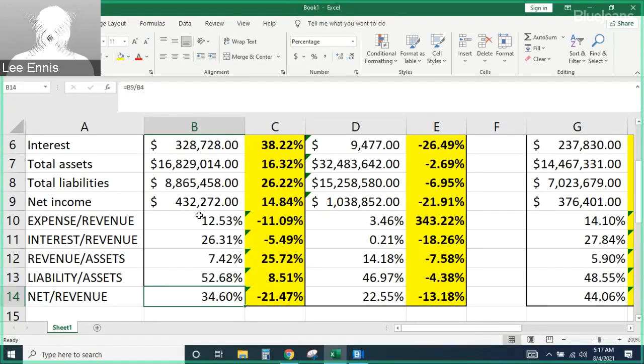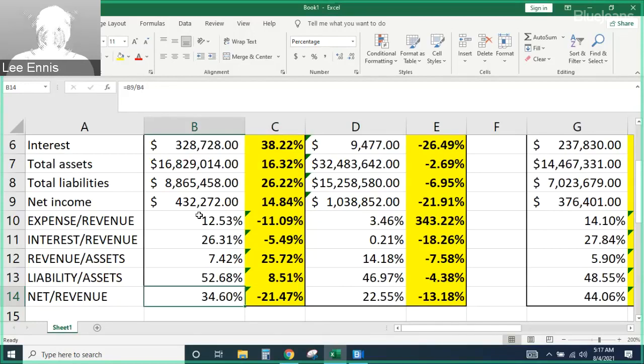And clearly for Welltower, listen, I don't know the inside story, but MPW clearly is beating out Welltower fairly handily. 34 versus 22 is almost double, almost. That's a big deal.